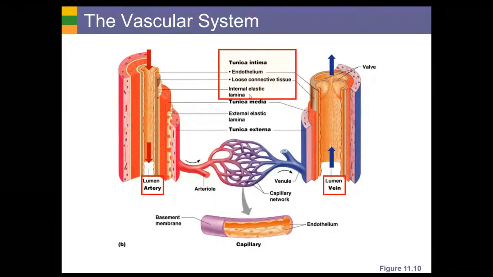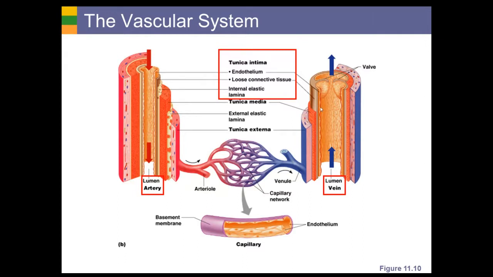As I said, arteries and veins consist of three layers, or tunics. Capillaries actually only have one layer, but we're going to focus on arteries and veins for now. The innermost layer is the tunica intima. It's the layer that's in contact with the blood in the lumen; it lines the lumen. You have one flat layer of squamous epithelial tissue.